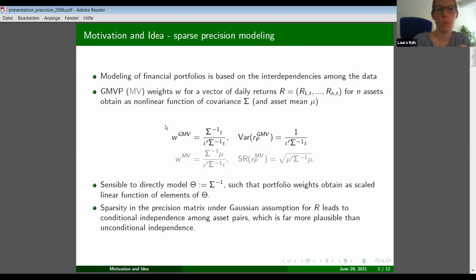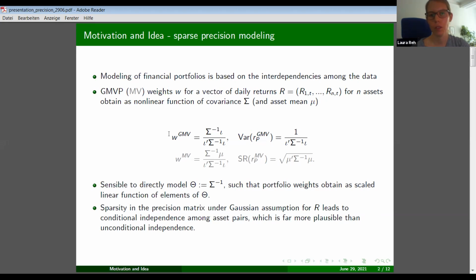So what we now say is, if we look at these formulas, yes, they are a highly nonlinear function of the covariance, but for example, the GMVP weights are a scaled linear function of the inverse of the covariance matrix. So if we consider the precision matrix instead, then it is much easier to interpret.